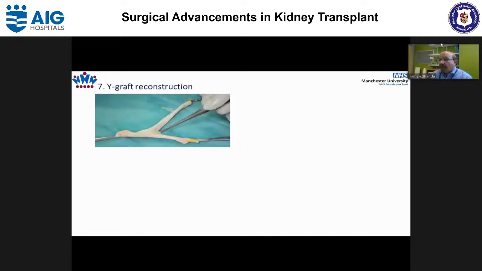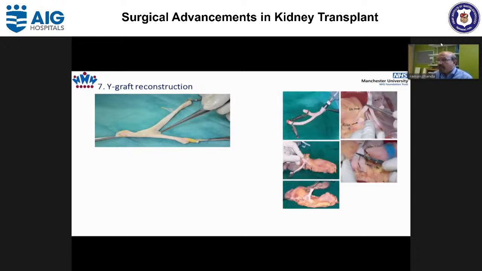Next comes the Y-graft reconstruction. The most common Y-graft we use is from the donor common iliac vessels, but you can use brachiocephalic trunk, you can use common carotid artery trunk.